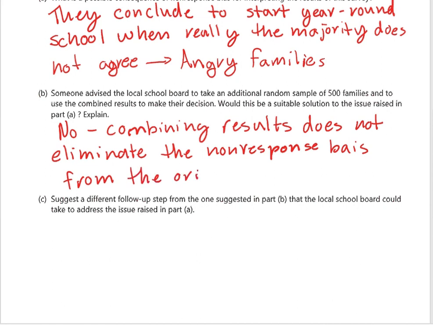Okay. So since we've decided that that's not a good idea, we want to suggest a different follow-up step from the one suggested in Part B that the local school board could take.